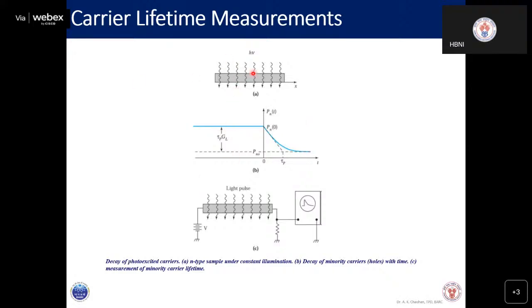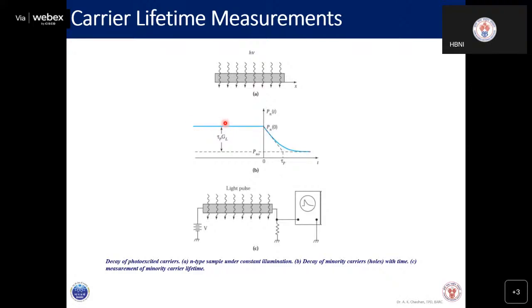Initially when you have started illuminating, immediately all electrons will not reach the conduction band, so you will have a certain rise time, but after a certain time it will reach equilibrium. If the illumination intensity is constant, the current will also become constant.